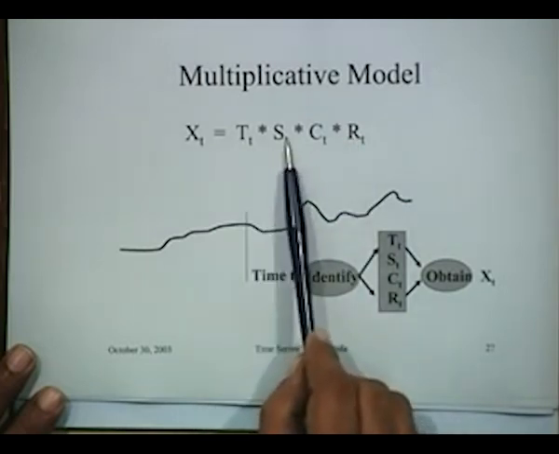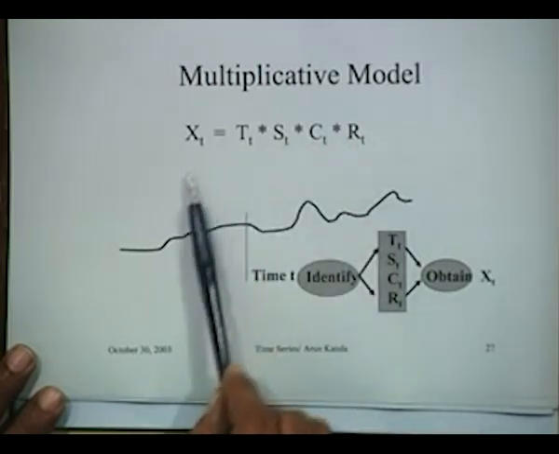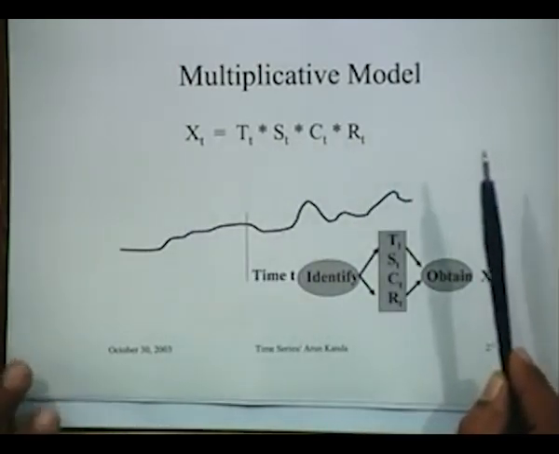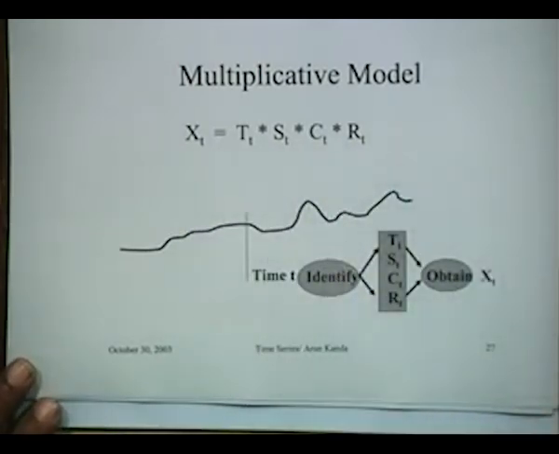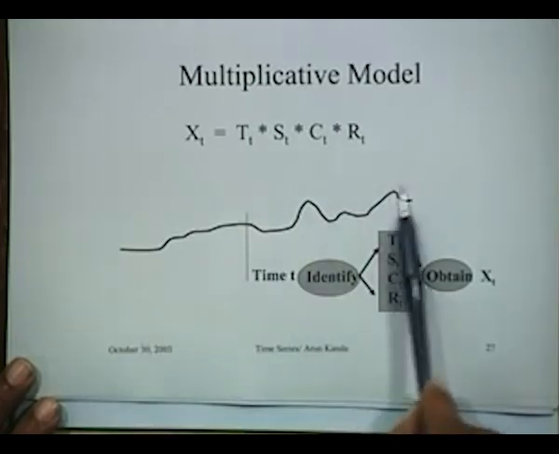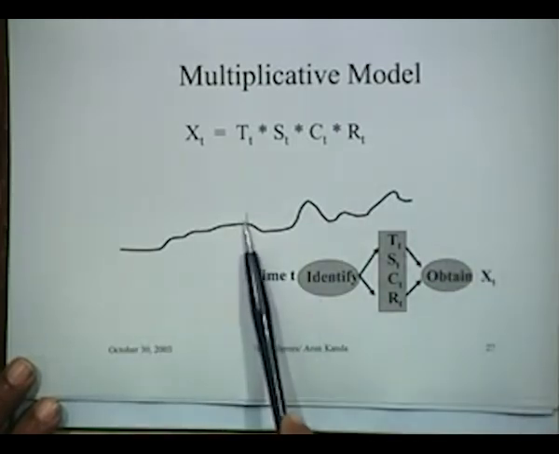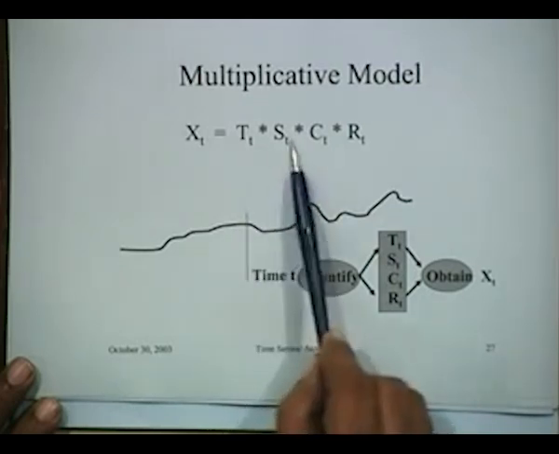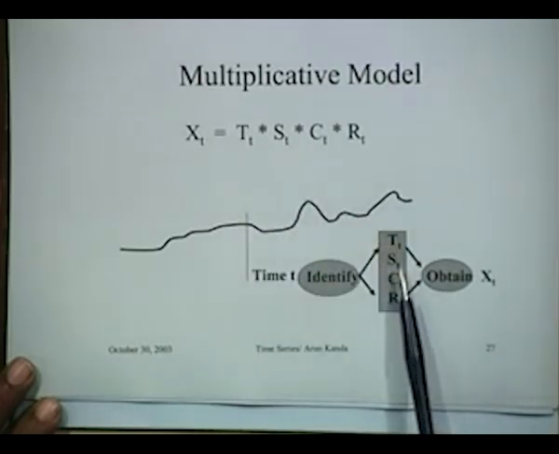So you have to actually get these components, and these components will also be functions of time, and once you can, you put them together. So the basic philosophy is that if this is the time series which is generally going at a particular time t, if you want to find out, you have to identify these things: the trend, the seasonality, the cycle, and the randomness.